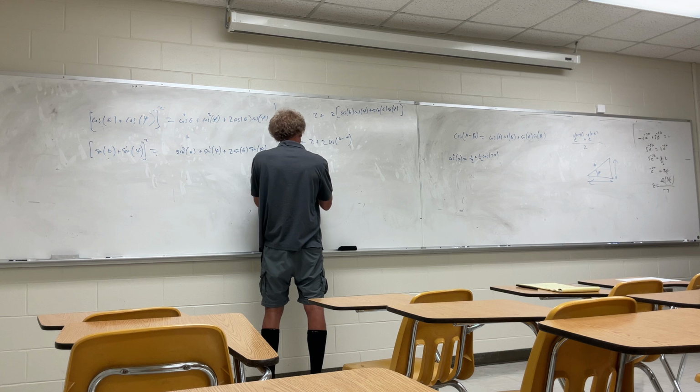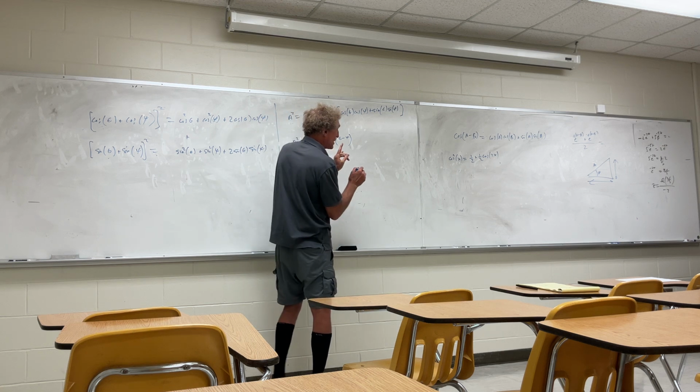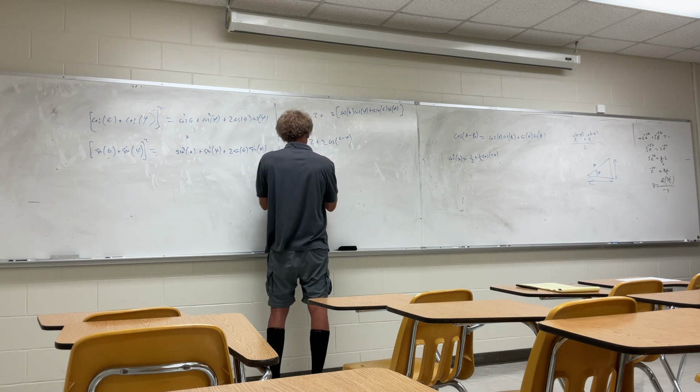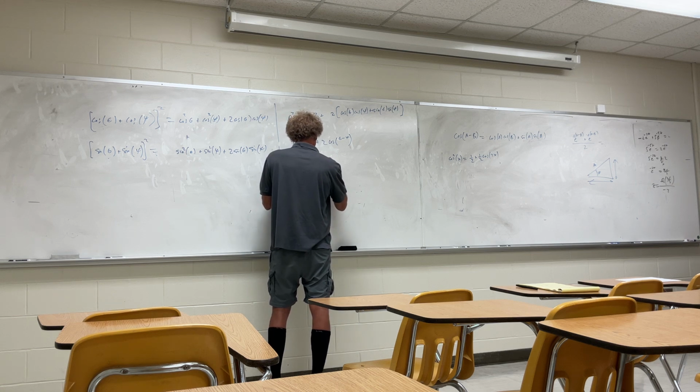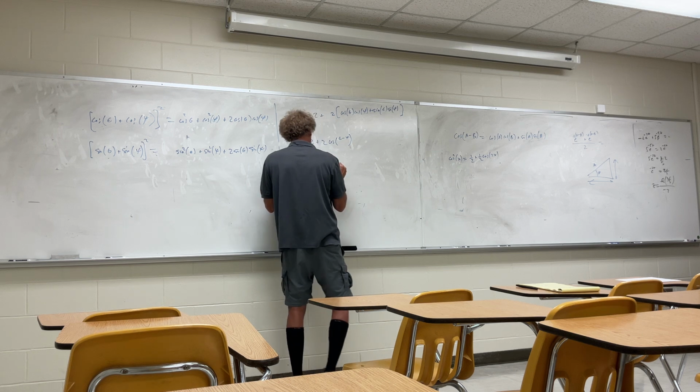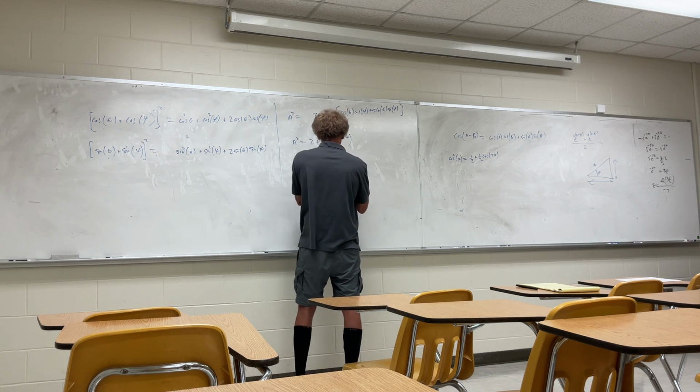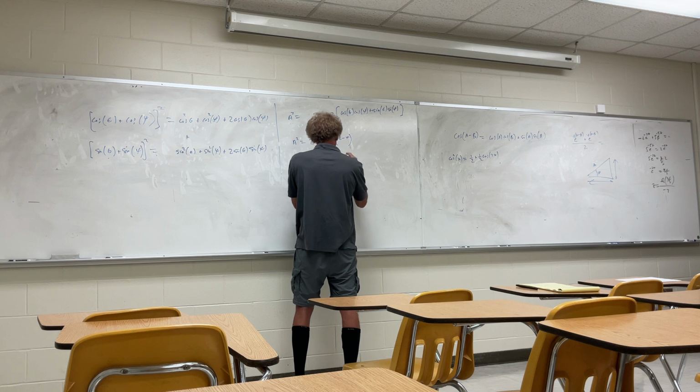It is going to be a squared, and what I'm going to do is factor out a 4, and then I get 1/2 plus 1/2, and this is going to be cosine here.